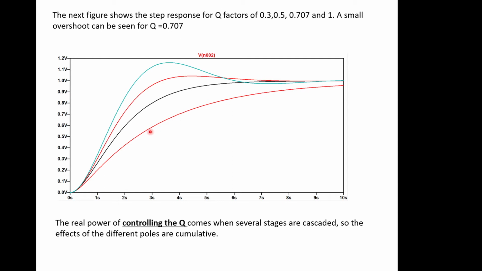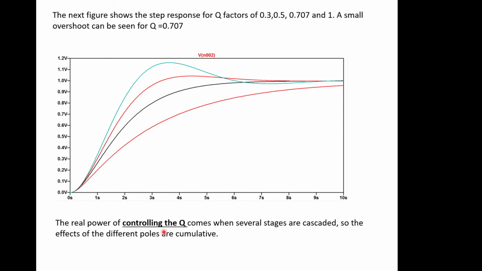And so you can see that the fastest response is coming from the one with the single overshoot effectively, which is this one here. And if you had a higher Q, you would see what's called ringing, so this will come up and go down and wobble around, and that's an indication of instability, which is an indication of a pole being quite close to the axis.